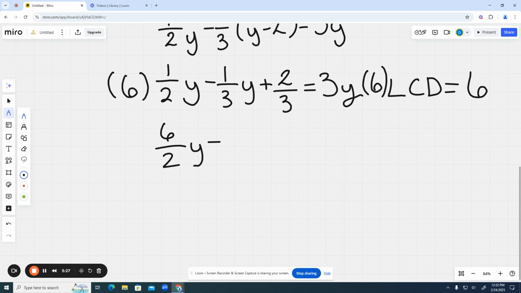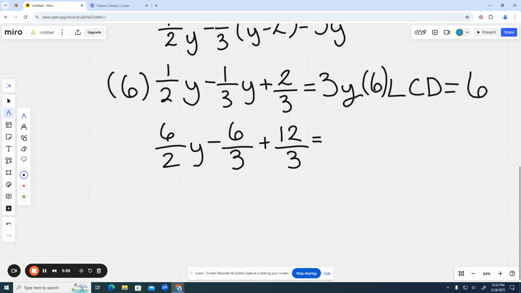Then we're going to do the same thing for the negative 1/3 y. 6 times negative 1/3, multiplied by the numerator, keep the denominator the same. We're going to get negative 6 over 3 y. We're going to do the same thing for the 2 over 3. We're going to do 6 times 2, which gives us 12, and keep that denominator the same.